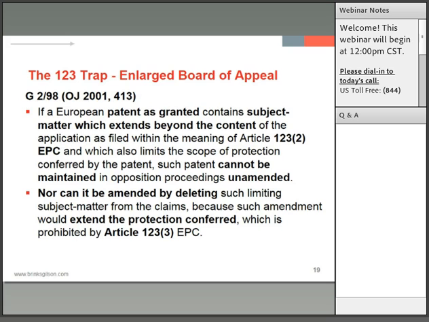On the other hand, that limitation that's in the claim cannot be deleted because it would broaden the claim. So that is 123.3. And then this combination may doom your patent. Even though you're happy to have your patent, then an opponent comes in and it cannot be saved.